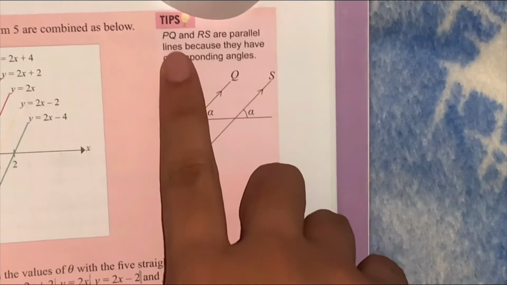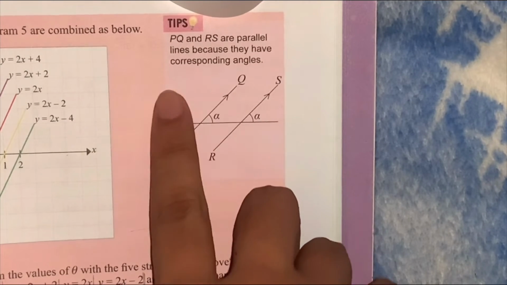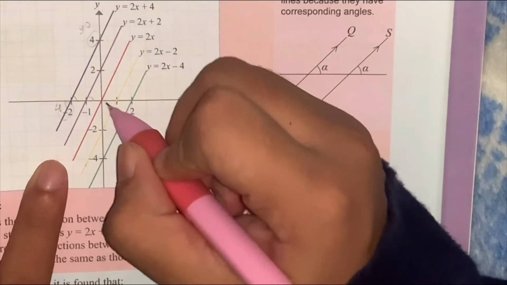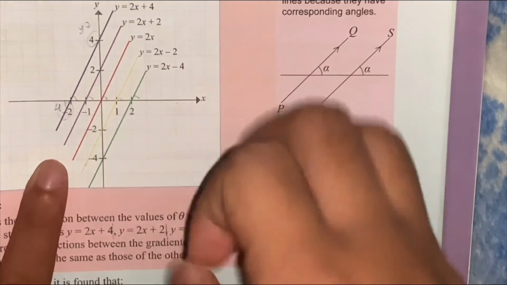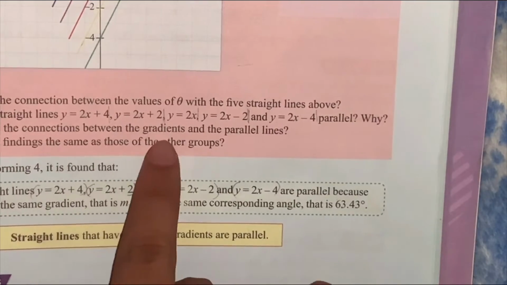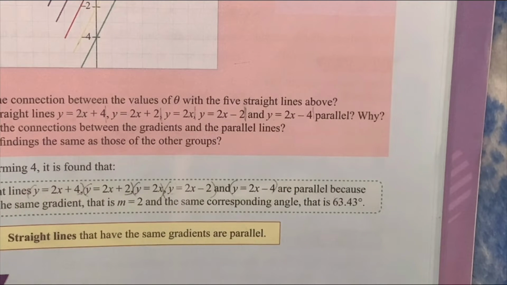And so on. Besides having the same gradient, look here. They are parallel lines because they have corresponding angles. Here is the corresponding angle. What are the connections between the gradients and the parallel lines? If two lines are parallel, then the gradients are equal.